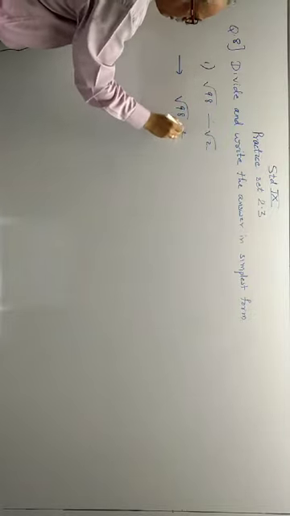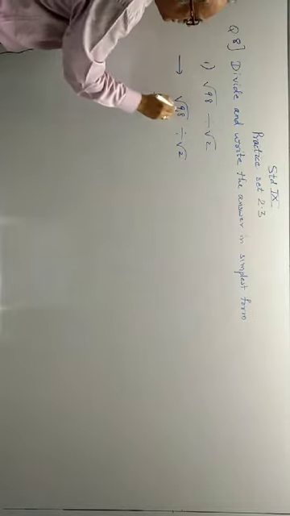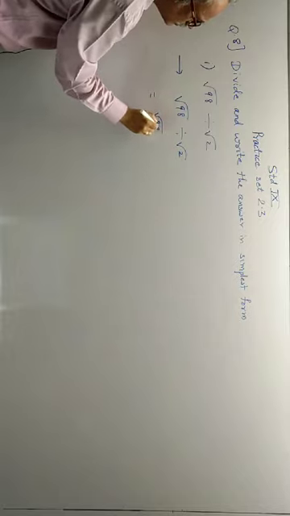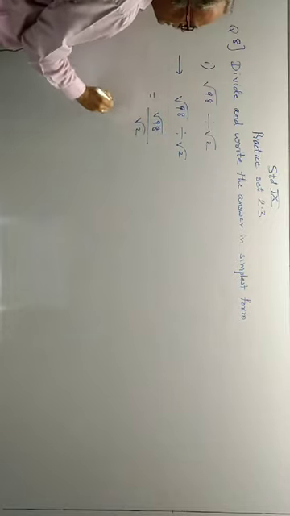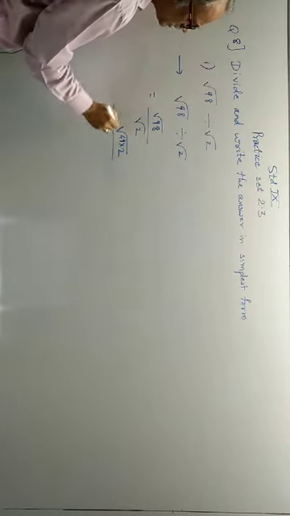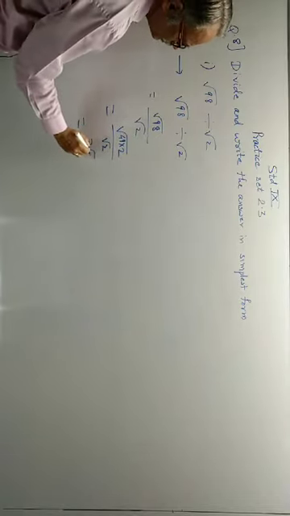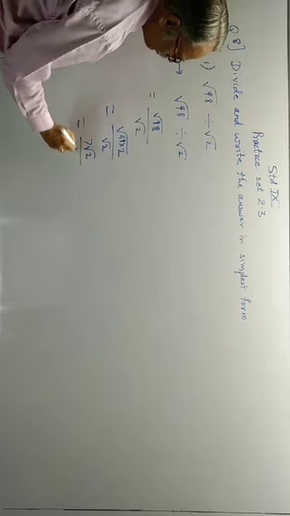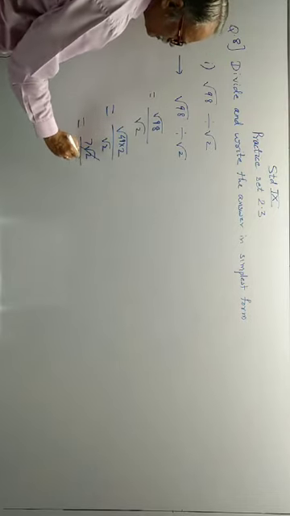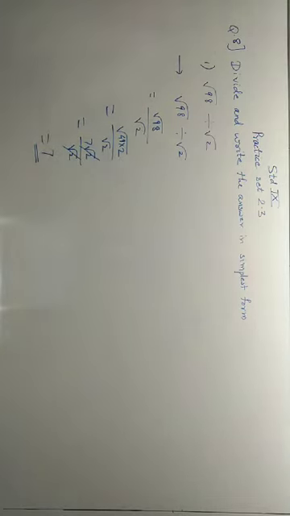Divided by means upon, so first we write in upon form: root 98 upon root 2. 98 can be written as 49 into 2. 49 is a perfect square, it will come out as 7, and then 49 into 2 becomes 7 root 2, upon root 2. Then this root 2 from numerator and denominator cancels. And in simplified form, what is the answer? Only and only 7. No root term remains.